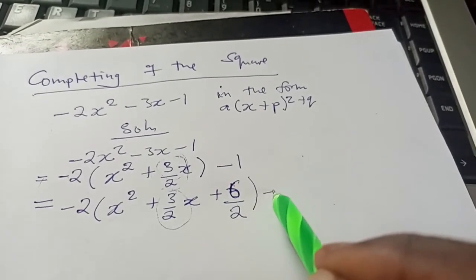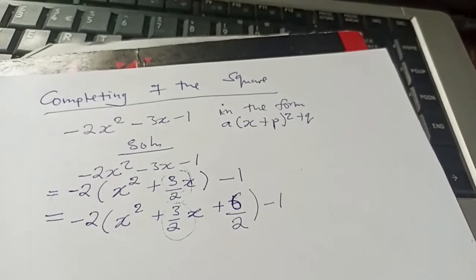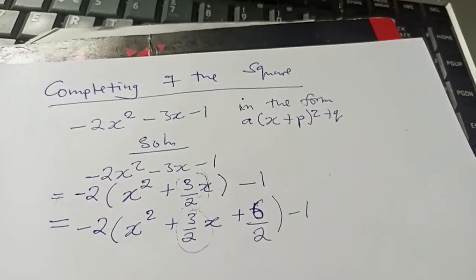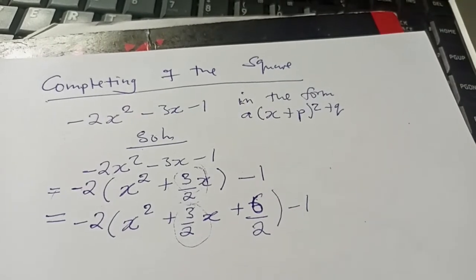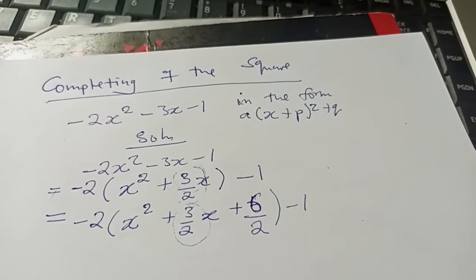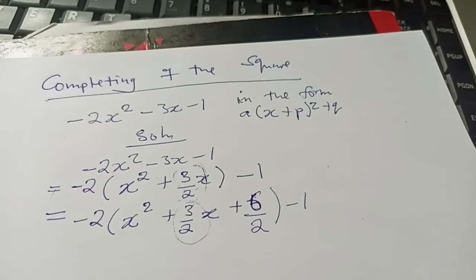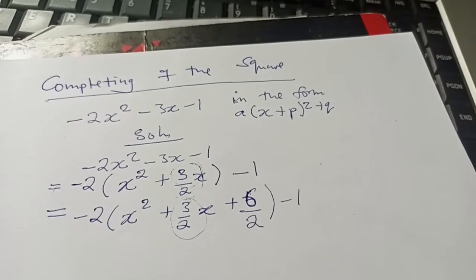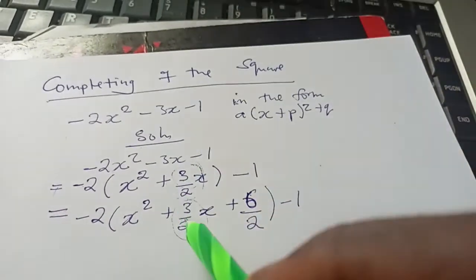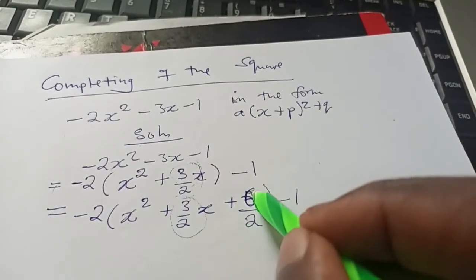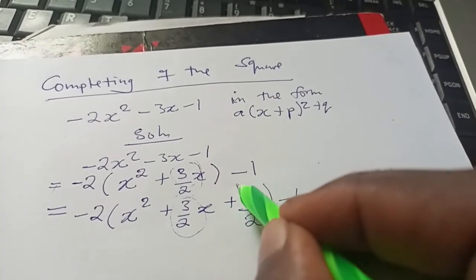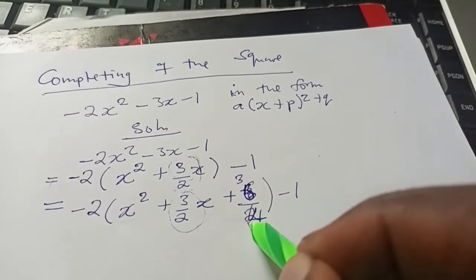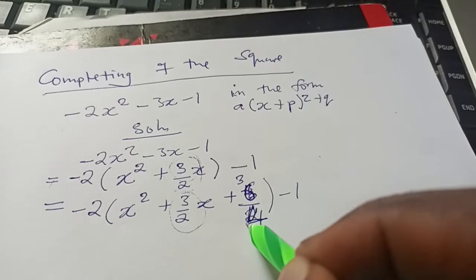Then you close, minus 1. Finding the half of this one, sorry. So the half of this one is supposed to be 3 over 4. Yeah, it's 3 over 4.